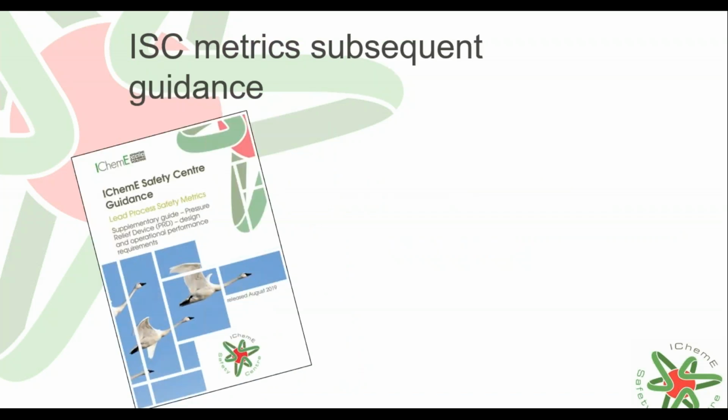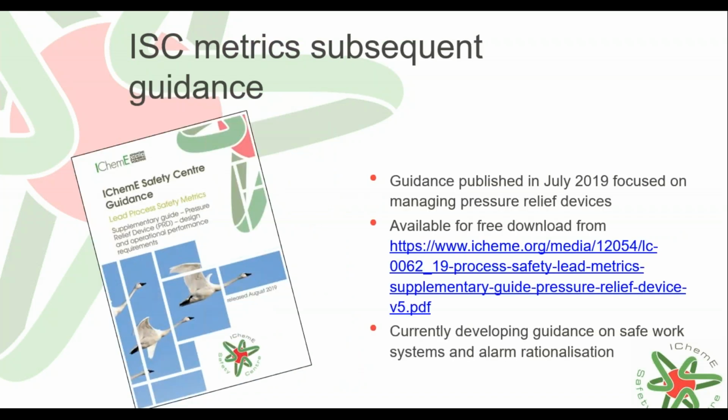And this is the next one that both of us were involved in together, and this is about lead process safety metrics, which is a supplementary guide, especially aimed at dealing with pressure relief device design and operational performance requirements.